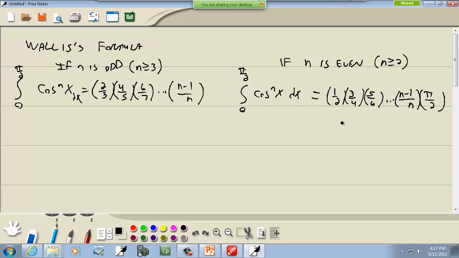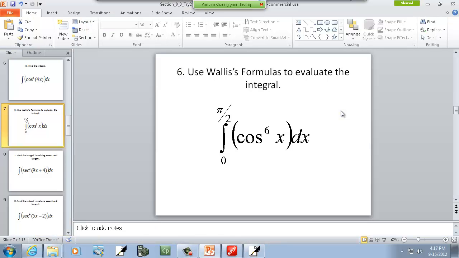Oh, there we go. Now these formulas are also valid if cosine is replaced by sine. So if you have any of those in the homework. And there it is.